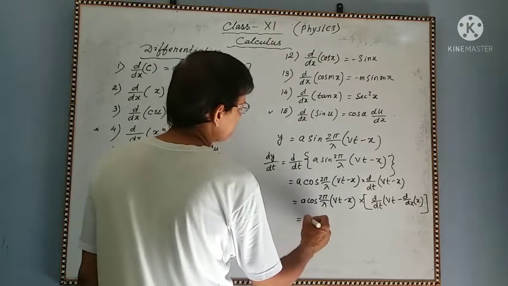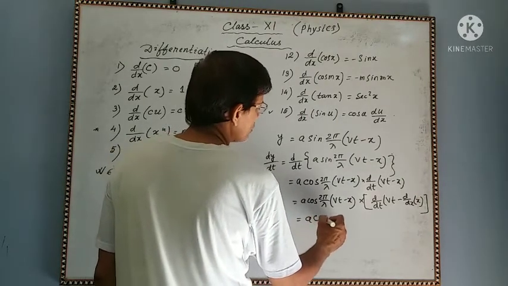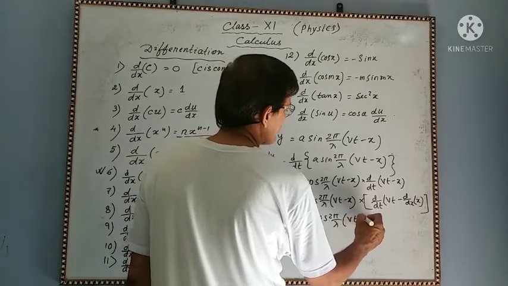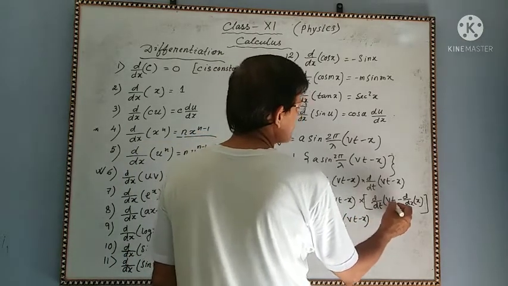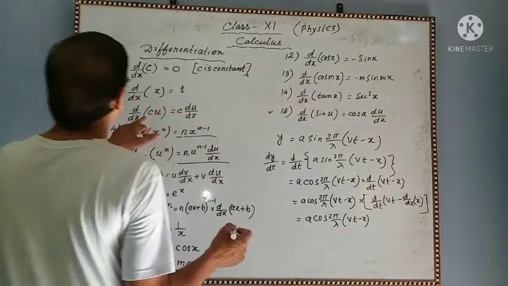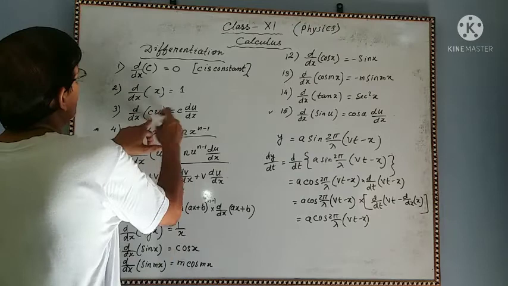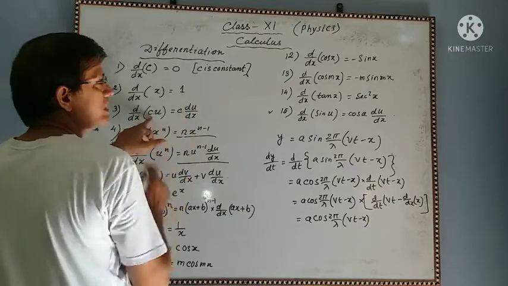So this is a cos 2 pi by lambda (Vt minus x), and differentiation of this, like this way, V is a constant, so constant will come first, then its differentiation.